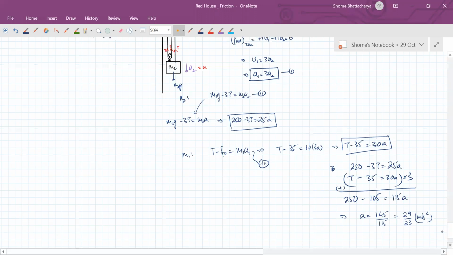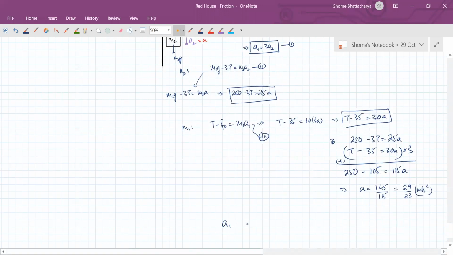So that means my A1 will be 3 times this, 3A. And A2 will be 29 by 23 meters per second squared.